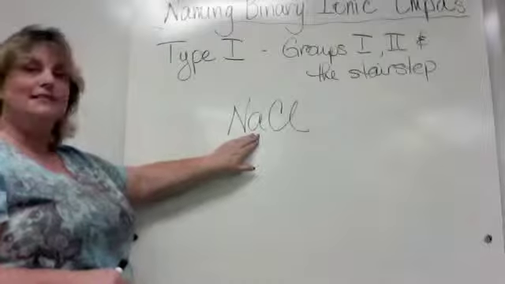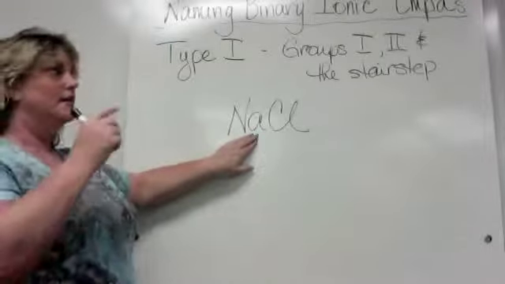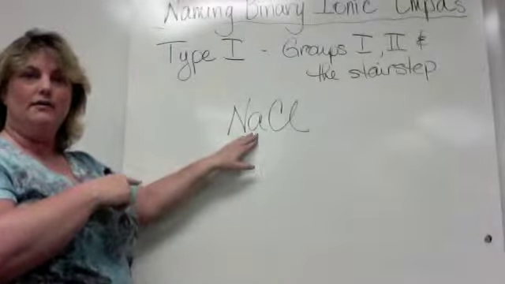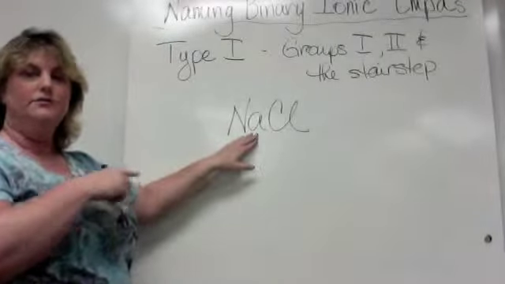Well, because it has a metal in it, that makes this an ionic compound. So I know that this is ionic. That's question number 1. Question number 2 then, if it's ionic, does it have a type 1 or a type 2 metal? So we're going to look at this metal.